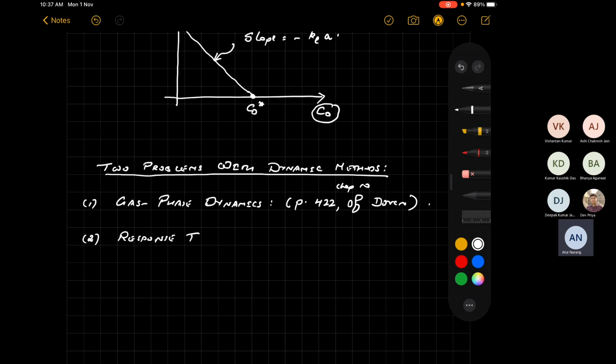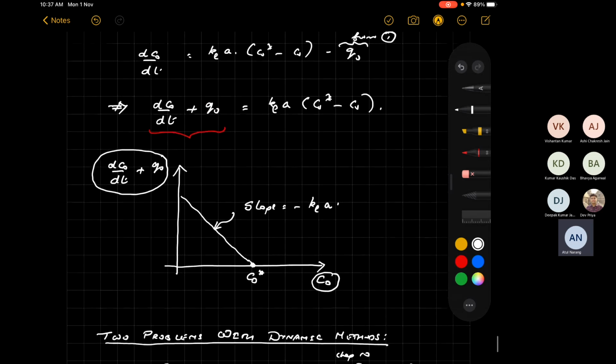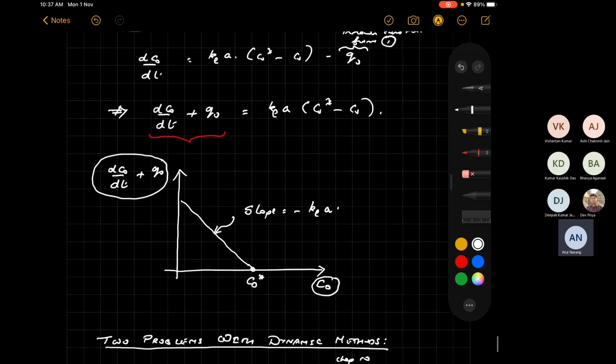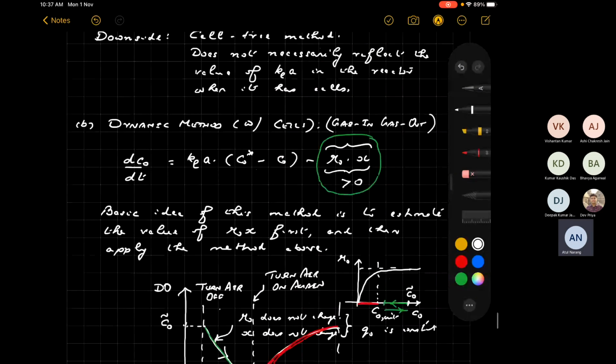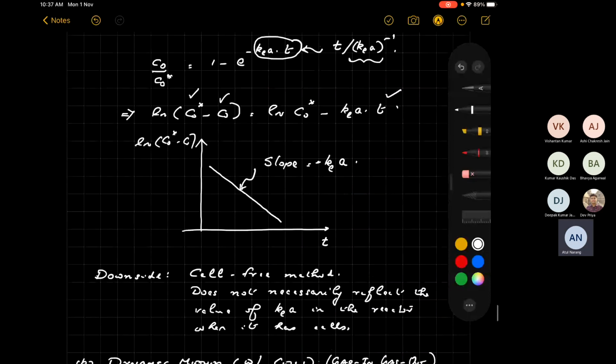What do I mean by that? I think if you've done a course in control, then you will understand what I'm talking about. The DO probe actually does not immediately register the current dissolved oxygen concentration.